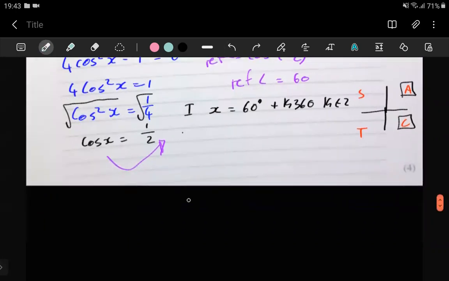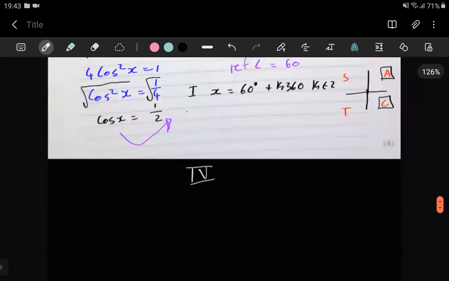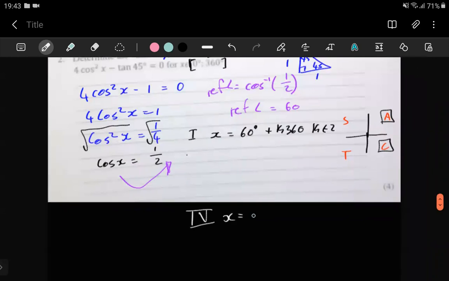So for the fourth quadrant, we know that x is equal to 360 degrees minus the reference angle.